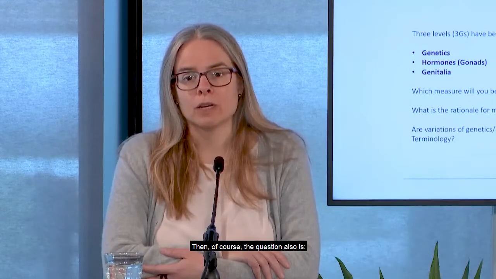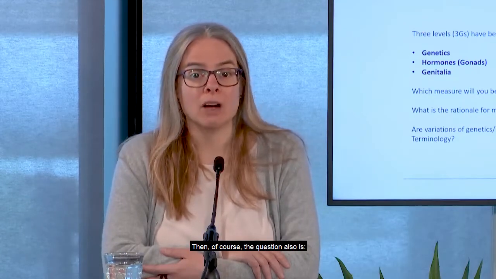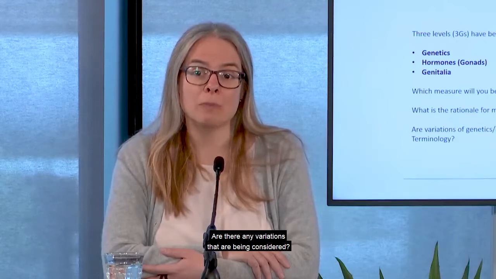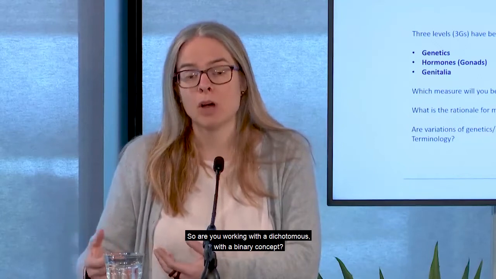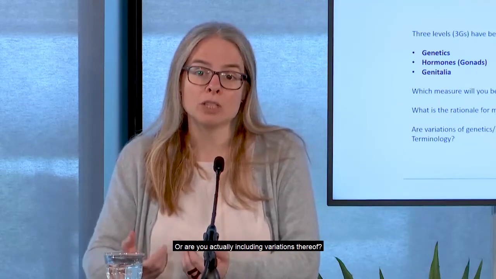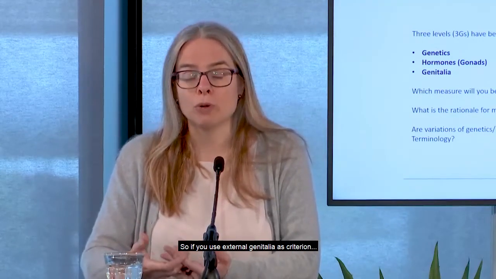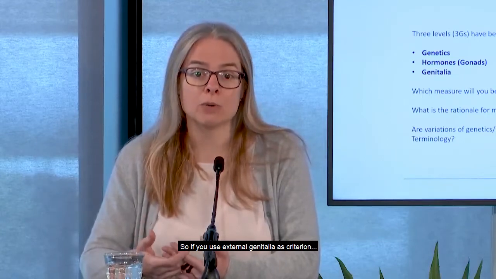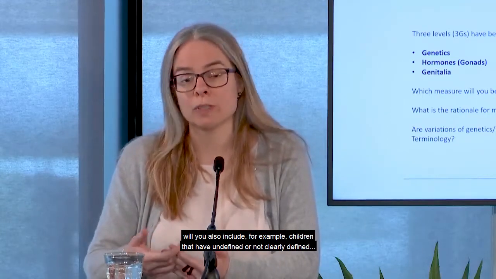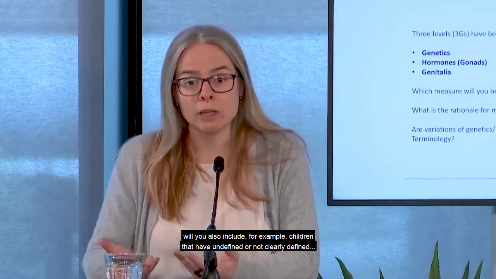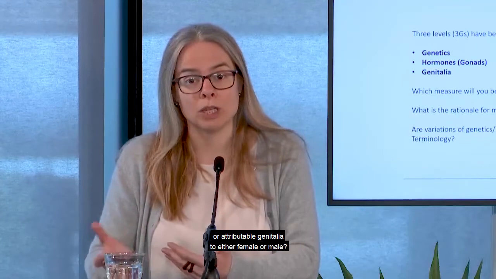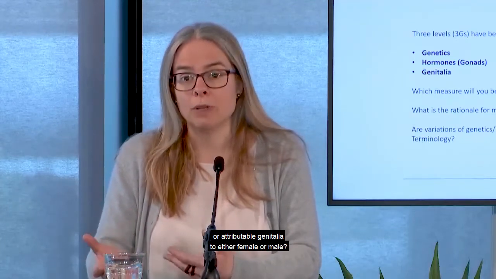Then, of course, the question also is, are there any variations that are being considered? So are you working with a dichotomous, with a binary concept, or are you actually including variations thereof? So if you use external genitalia as criterion, will you also include, for example, children that have undefined or not clearly defined or attributable genitalia to either female or male?